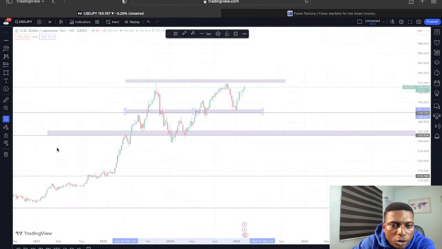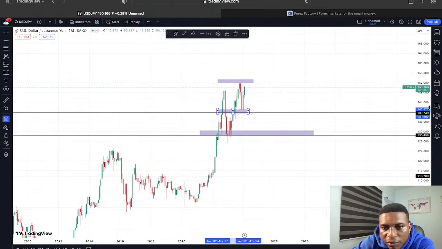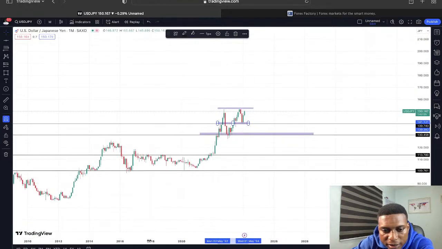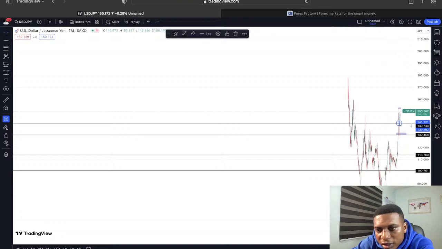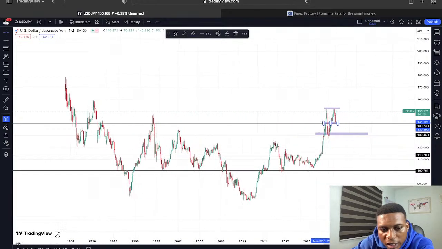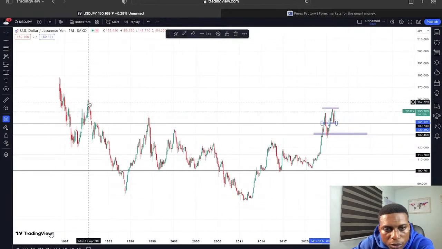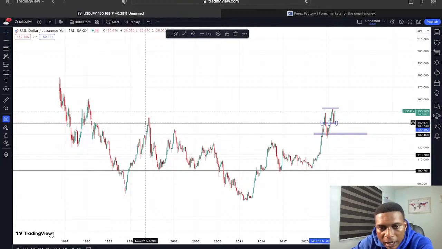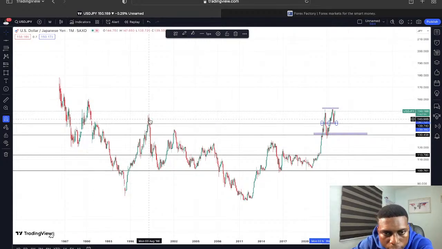If you look at it on the monthly time frame, you discover that this has been one of the all-time highs, a level that price also experienced in the 90s, and in 1998.